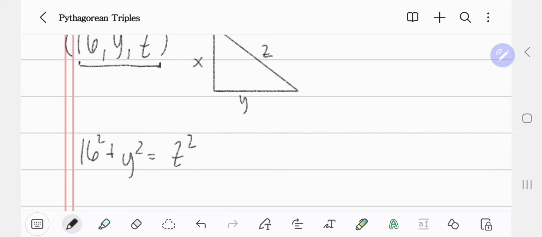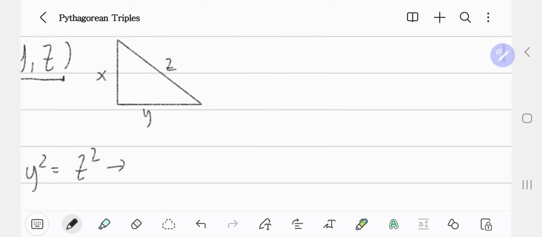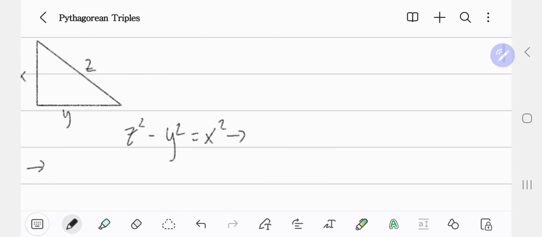Over here we can use the identity z squared minus y squared equals x squared. When we use this identity, we can get something we remember from algebra: z plus y times z minus y equals x squared.